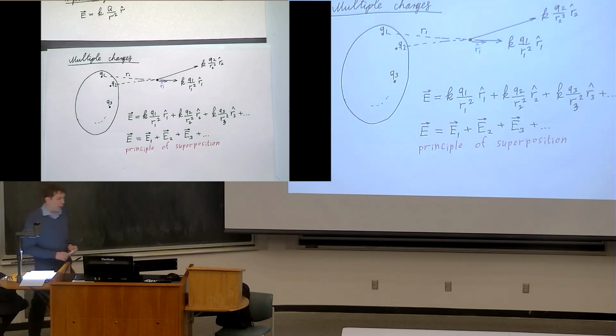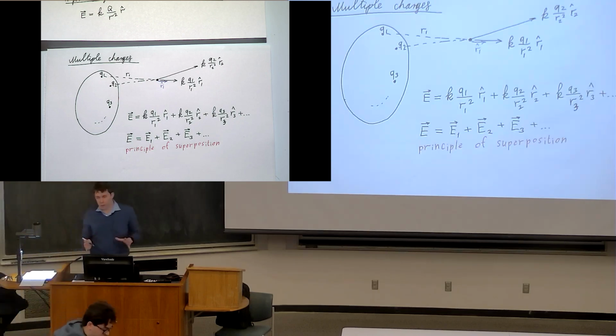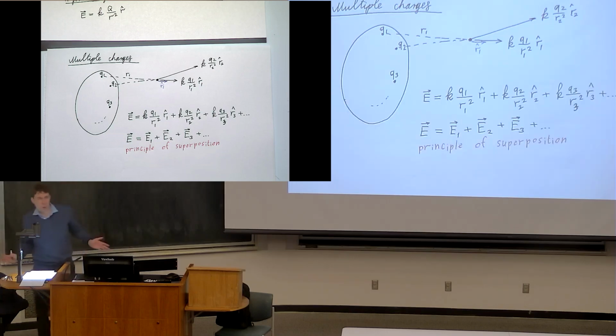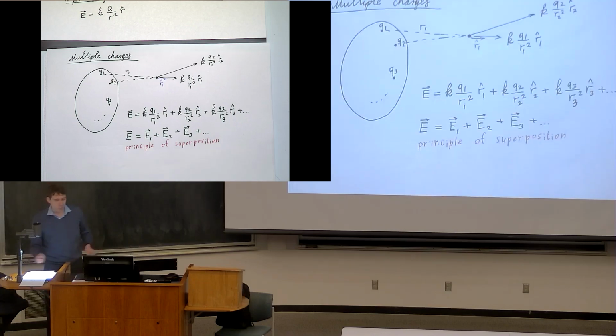Let me put it this way. Certain vector quantities, such as electric fields, gravitational fields, forces, later we will learn magnetic fields, can be added up, meaning the resulting field at a given point is given by the sums of contributions of individual sources. And whenever they could be added up as vectors, it's called a principle of superposition.